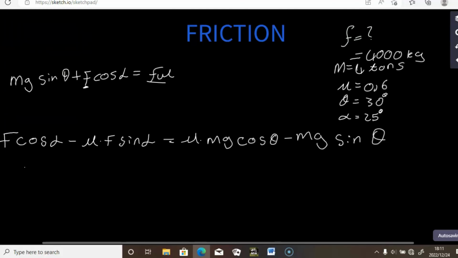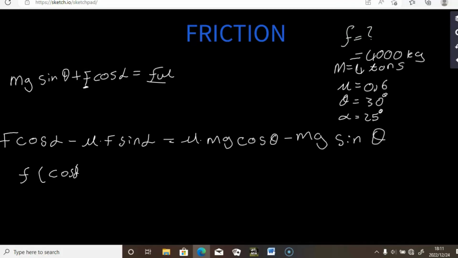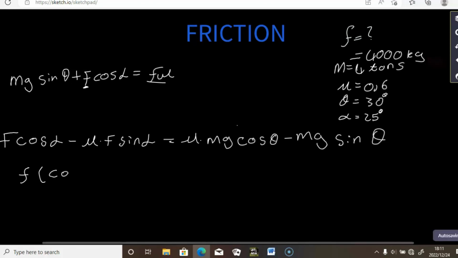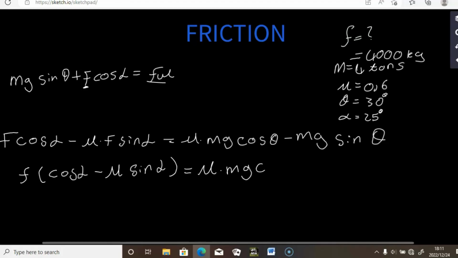Now let's take F common. F in bracket will be cos alpha minus mu sin alpha, close bracket, equals mu times mg cos theta minus mg sin theta.